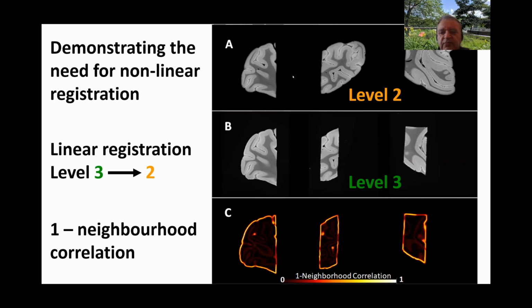You can see here the level 2 blocks and one of the level 3 blocks. And here you get a 1 minus neighborhood correlation that shows around the surfaces of the level 3 blocks that the correlation with the original larger block needs to be corrected. They are not very well registered. So because we use correlation, this means that we need to go to non-linear.